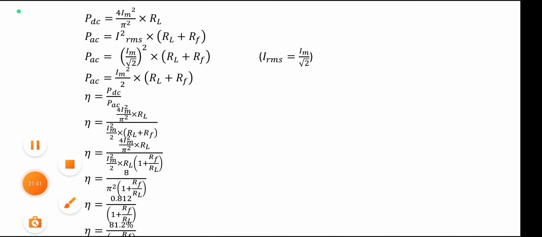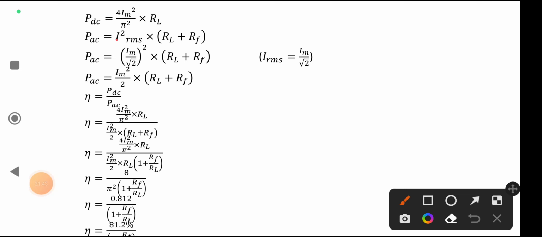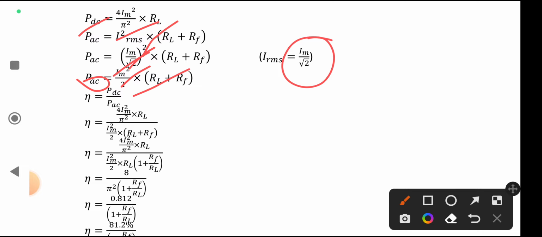Next, IRMS square. We know the IRMS value, that is Im by root 2. Substitute here and apply the square, then it becomes Im square by 2 into RF plus RL. Now substitute PAC and PDC in this equation, then we get this one.